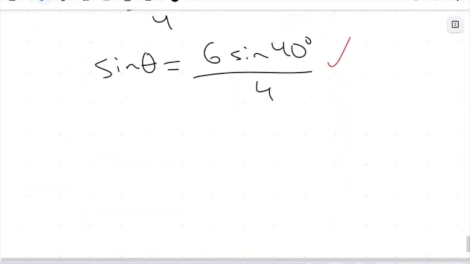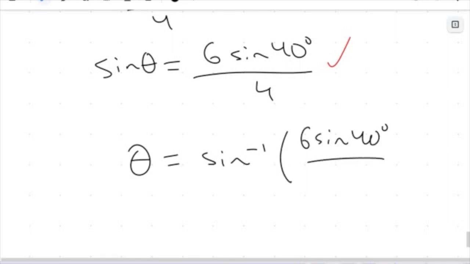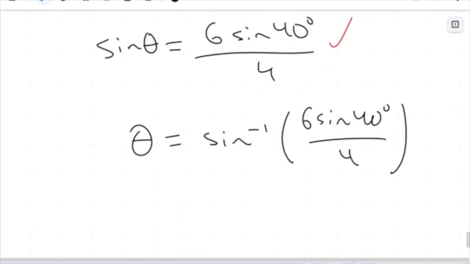Okay, now that we've gotten here, I want to get to theta by taking the inverse sine of both sides, leaving me with theta on the left equaling 6 sine 40 over 4. And putting this into my calculator, I'm going to get 74.6 degrees.